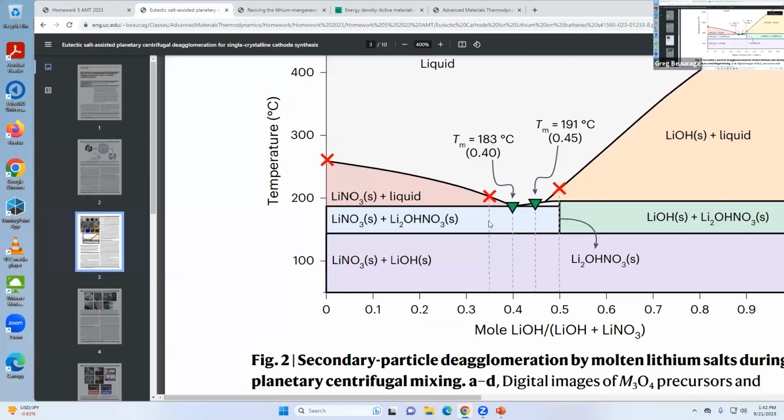But basically, at 0.5, it's hard to tell what the matrix phase would be. You wouldn't get domains of nitrate in the hydroxide. You'd get some kind of weird mixture. It's hard to tell what it would be, actually.